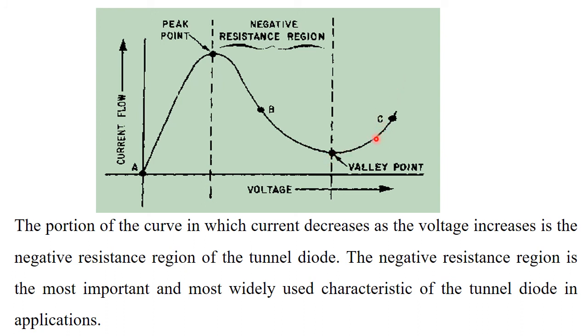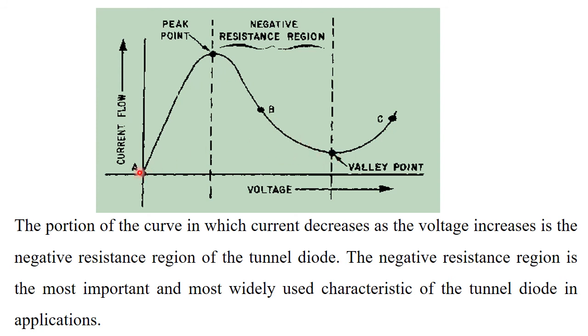So actually the negative resistance region is a very important property of a tunnel diode, and this property is used in many applications. Actually, by application of a small voltage, we can increase the current and immediately we can see that the current is decreasing.